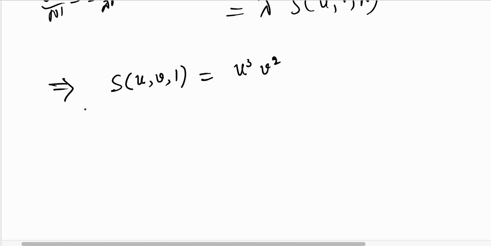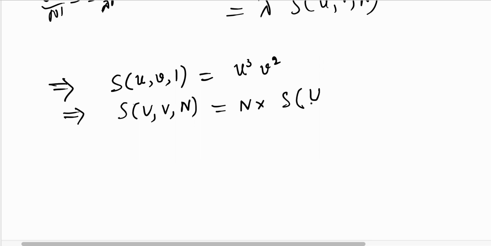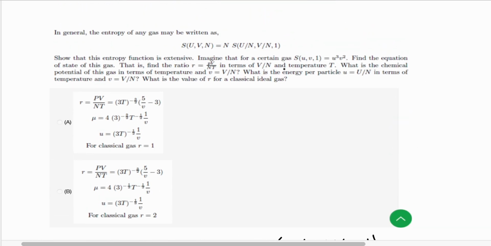Now, let's write it in terms of U, V, N. It will be N multiplied by s(U by N, V by N, 1).